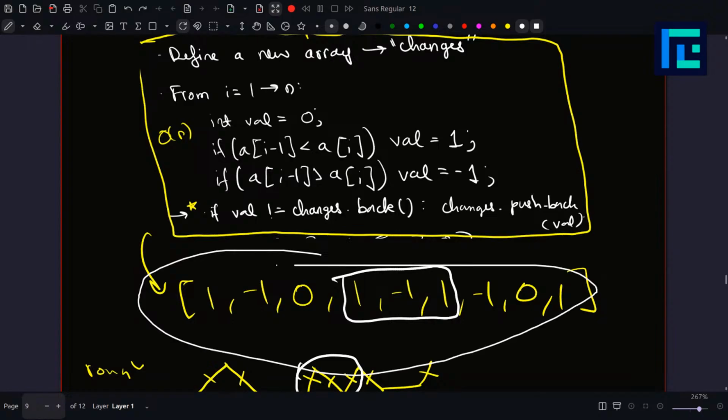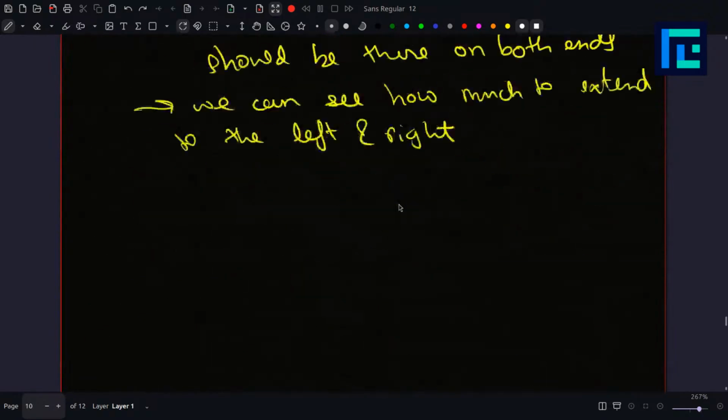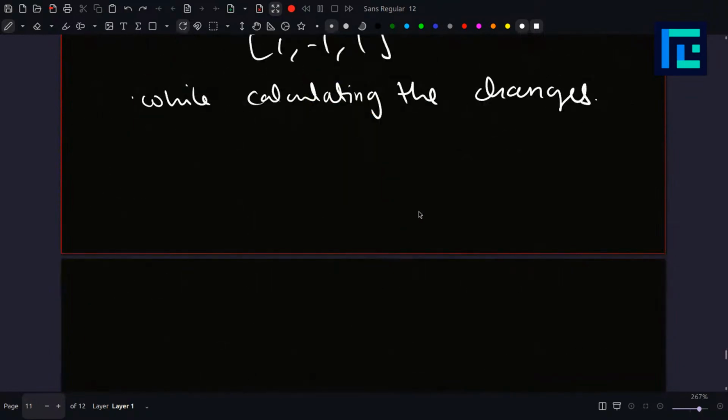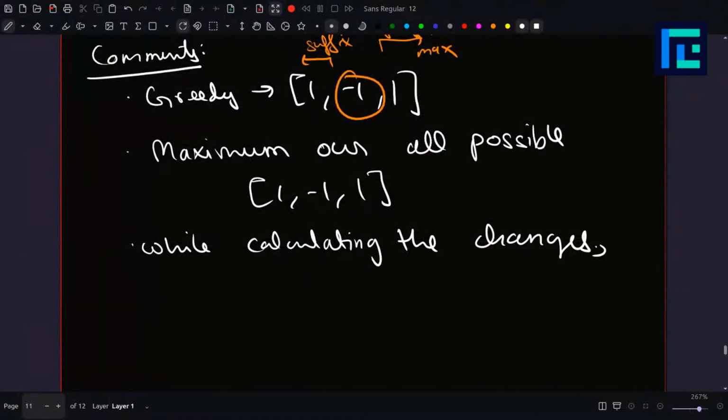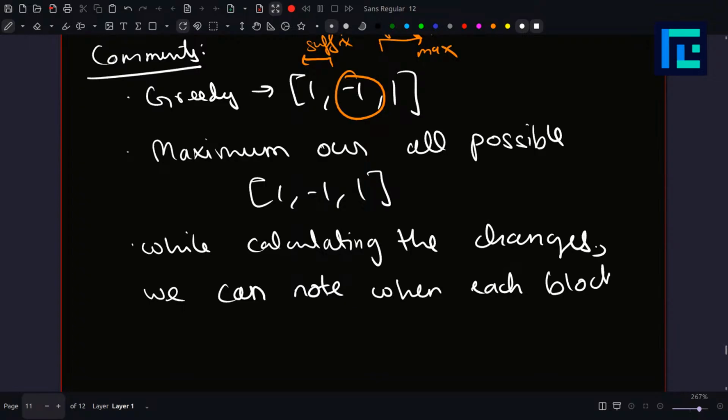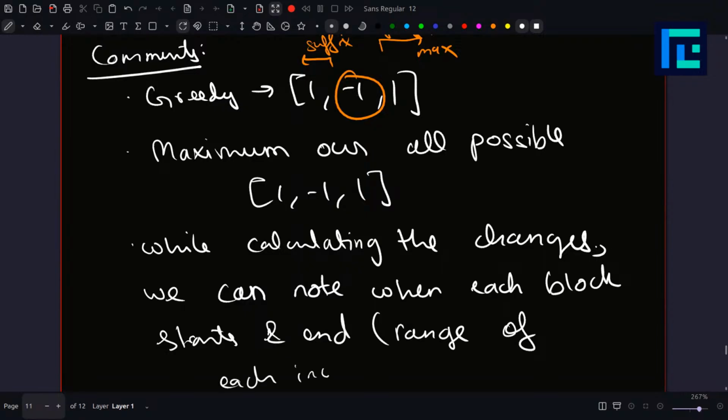While calculating this, we will also note when each block starts and ends, so we know exactly how much to loop. Basically, we'll have the range of each increasing, decreasing and constant portion.